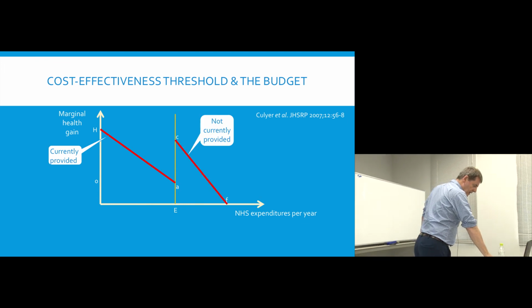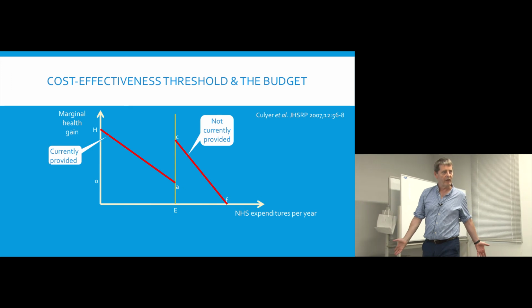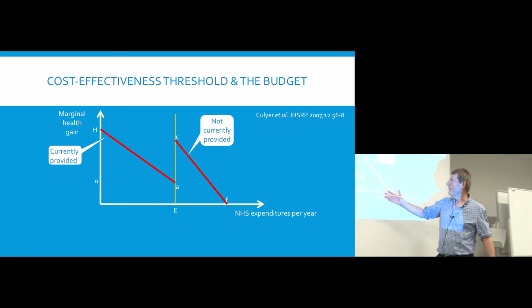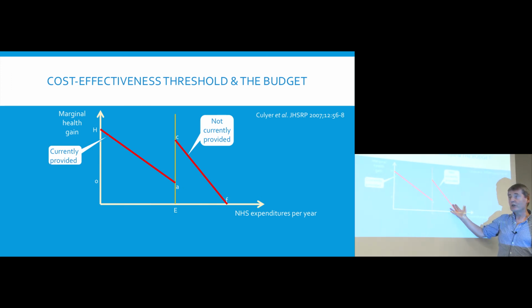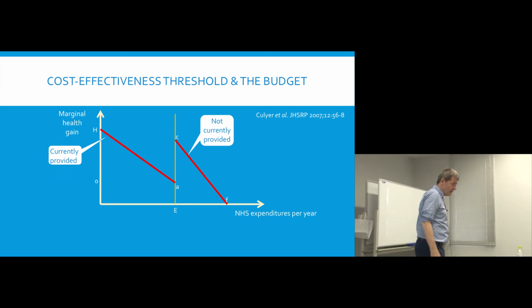Now imagine everything that we're not doing, we're not providing. So there's a series of things we could be doing for patients. This might be new drugs or whatever, diagnostic tests, you name it. And we could order them in terms of those activities which produce the highest marginal health gain down to the lowest. Okay, so the line HA is everything we're currently providing.